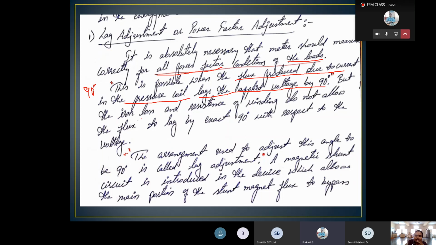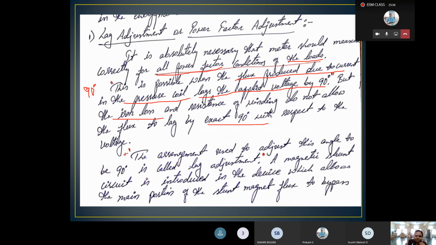Because of that, the iron loss and the resistance of the winding do not allow the flux to lag by exactly 90 degrees. In theory we say it should lag by 90 degrees, but due to the iron loss and the resistance of the winding, it's not possible to get a 90 degree lag.